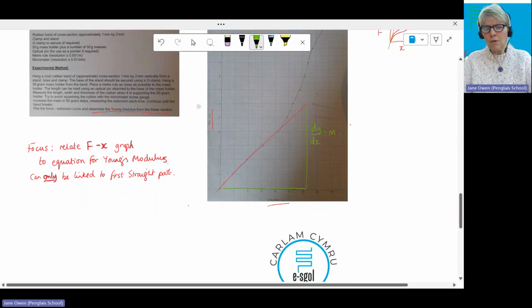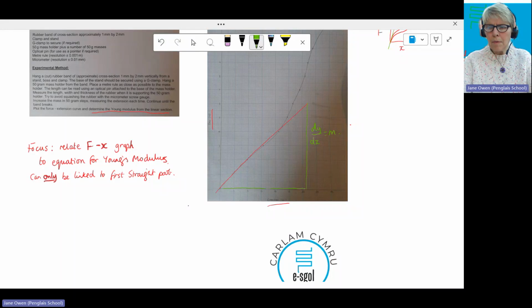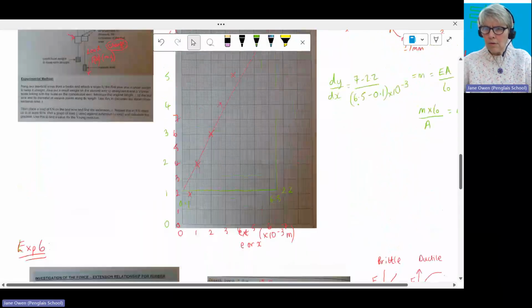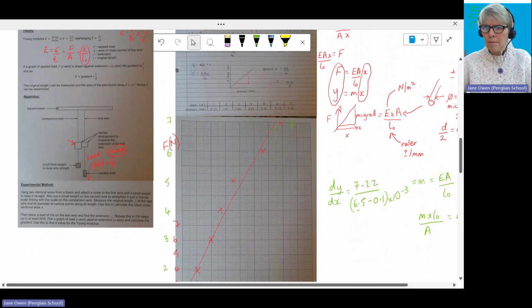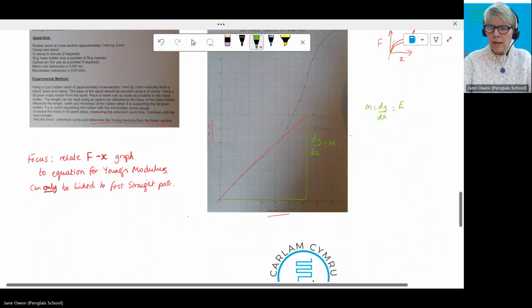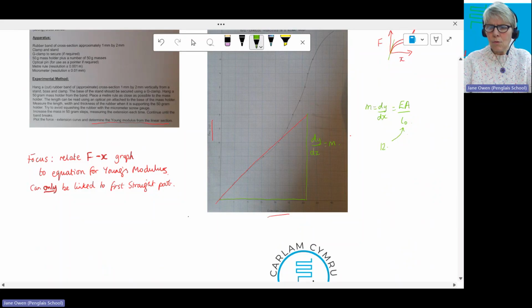But we already know how to do this because we had force extension before, and our m before, dy by dx, is equal to, let me just relate back, EA over L naught. So what you're going to have to do is take your original length, that was 12 centimeters, so 12.0 centimeters times 10 to the minus 2.